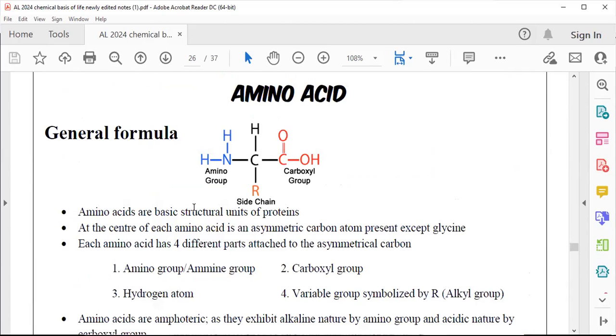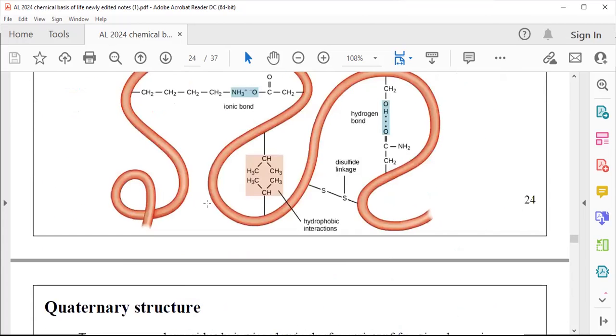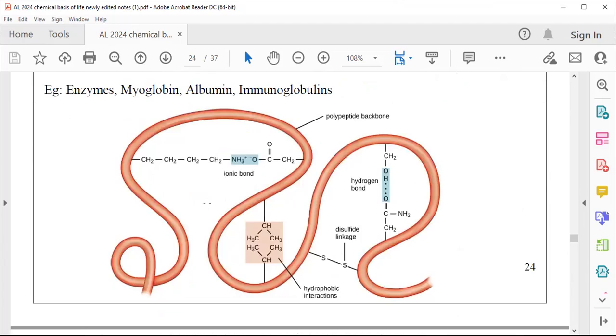I introduced you backbone and side chain. Yes or no? Yes, sir. So that is very important here. Ionic bond, hydrogen bond, disulfide bond, hydrophobic interaction: all these four are created among the side chains.